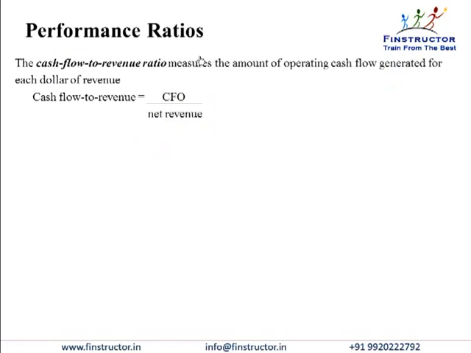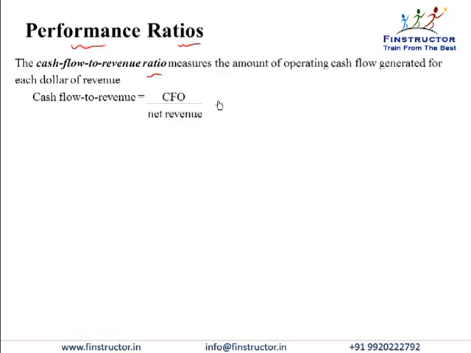So once you've derived the cash flow statement, you can compute various ratios to understand the performance of the business better, especially in relation to the cash flows. So you do not have to remember these ratios. We'll study more about ratio analysis in the coming review, but we'll just go over the various ratios to give you a brief idea.